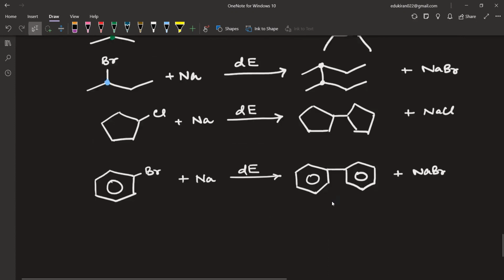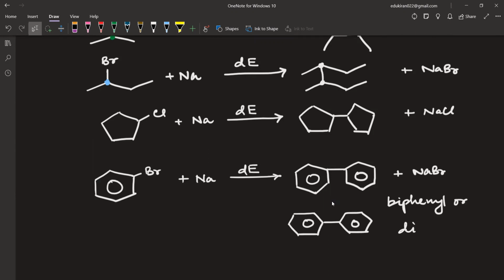Generally in the books, you will see that they have drawn it like this. Okay, so biphenyl or diphenyl. Saifullah has also sent an answer. It is correct, Saifullah. Weird looking but correct, right? Weird looking but correct, right Saif? Yes or no? Yes, sir. No problem in that.